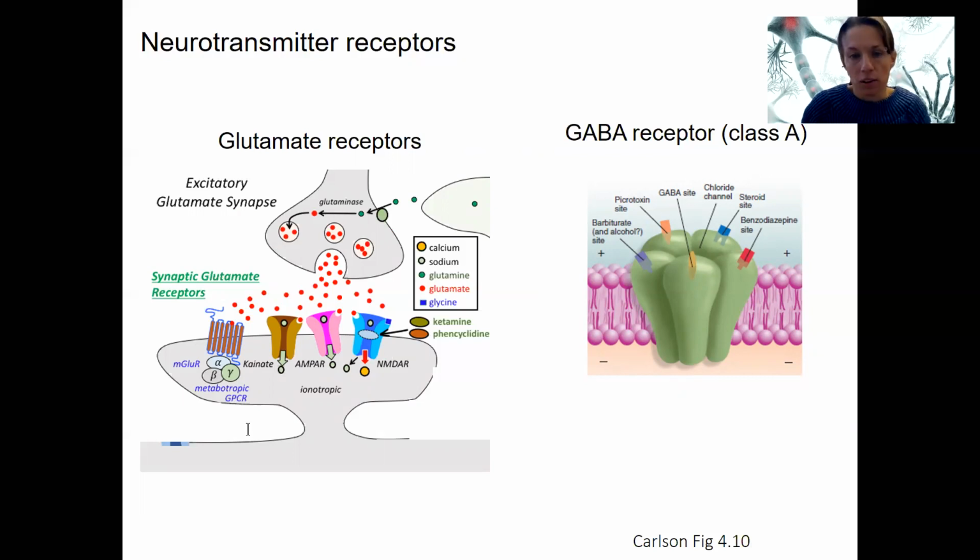Yes, that is the NMDA that you're thinking of. Those are all excitatory receptors that glutamate binds to. You don't need to know the names of those specifics. In all cases, some of these are direct and some of these are indirect. This one here is a metabotropic receptor.